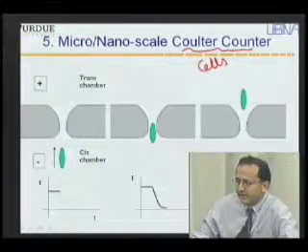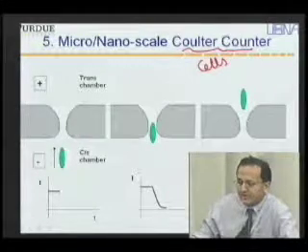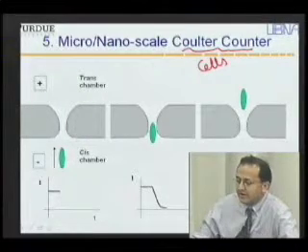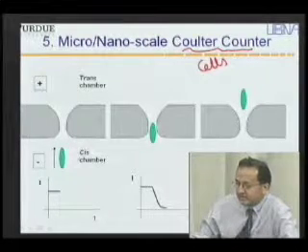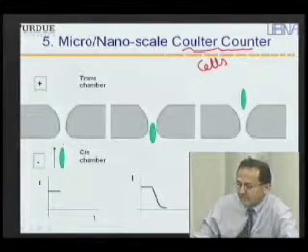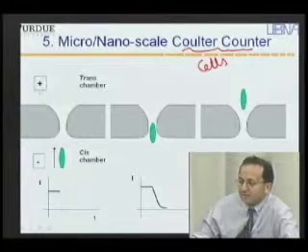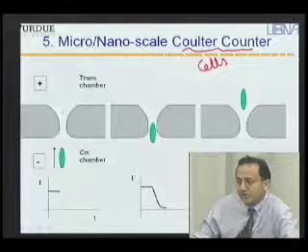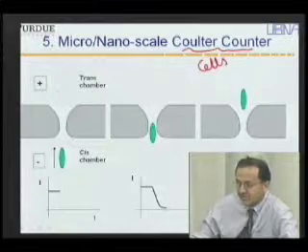So cells, or these different entities that you're trying to characterize, can develop a surface charge. So if you put these entities in a chamber that is separated by this membrane with a hole, and then you apply an electric field across, then this charged entity would move, and the only way it can move towards the other electrode is through this pore.